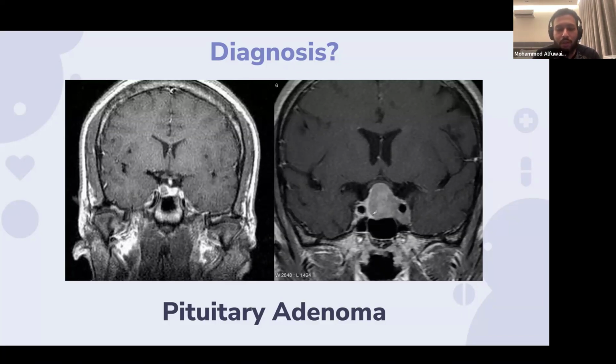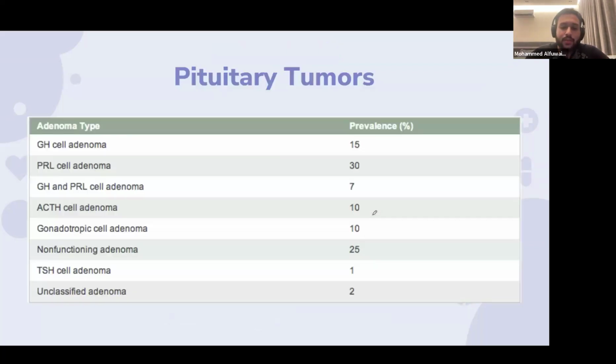Now, if the adenoma is secreting a combination of two hormones, which combination is the most common? It's secreting two hormones. Exactly. Growth hormone and prolactin. These two combined is the most common combination, if there is one. Now, for percentages, as I mentioned, prolactinoma is the most common.